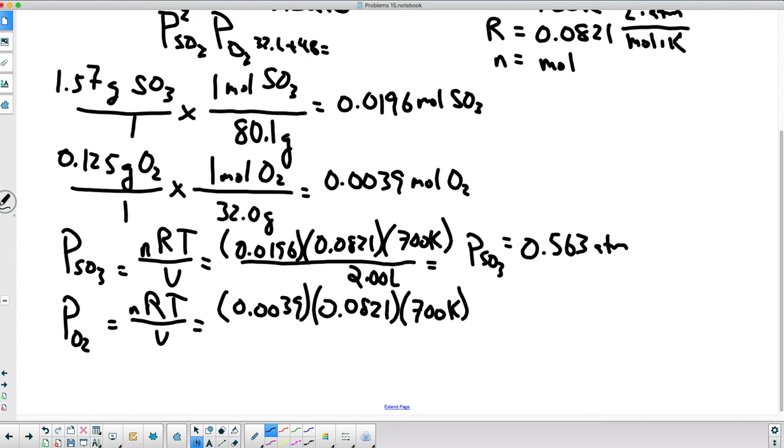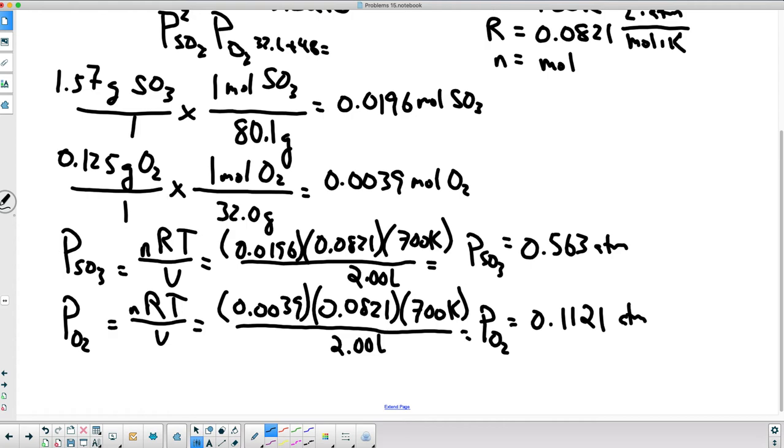And then I divide it by the same 2 liters. So the pressure of O2 then is equal to 0.1121, and that's my amount of atmospheres. I could round that off to 3 places, but that's fine.